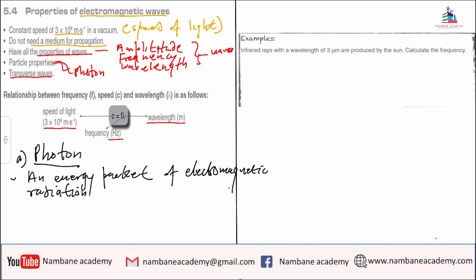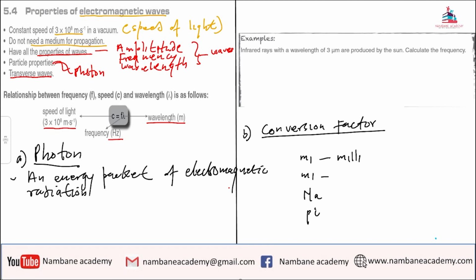What we need to know is what we call conversion factors, at number B. They call it Mimina P. This is for milli, this is for micro, this is for nano, and this is for pico.